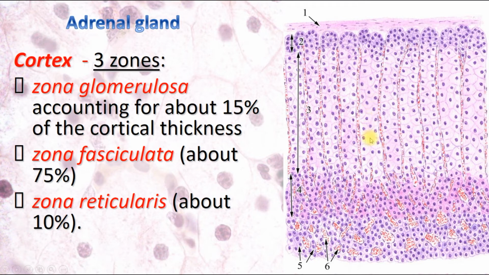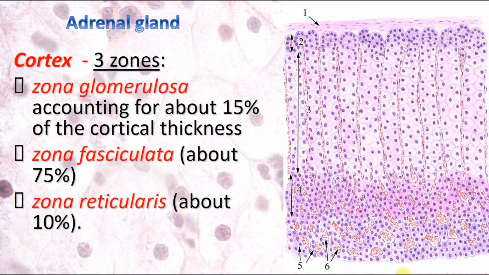Next, zona fasciculata, there are fascicles of the endocrine cells or modified trabecula, and that's why the zona is called zona fasciculata, and the deepest one is zona reticularis. Trabeculae form reticular system, and that's why this zone is called zona reticularis.